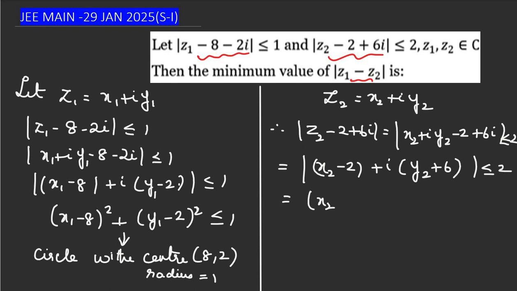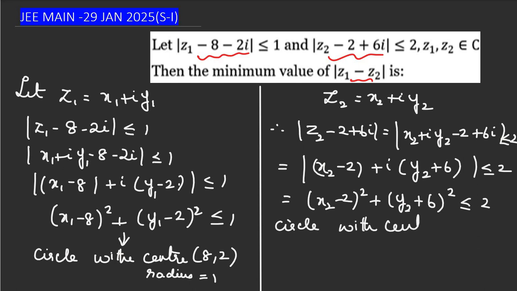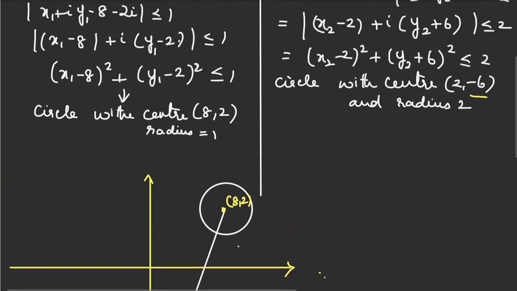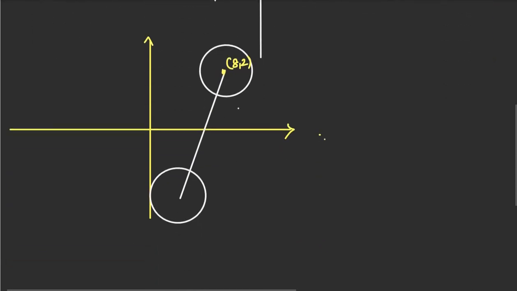So this is (x2 minus 2) the whole square plus (y2 plus 6) the whole square is less than or equal to 2. Again, this is the equation of a circle with the center 2 comma minus 6 and radius equal to 2. Now we have two circles, one circle with the center 8 comma 2 and another circle with center 2 comma minus 6.